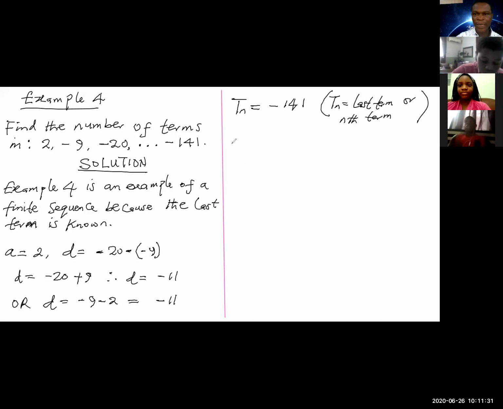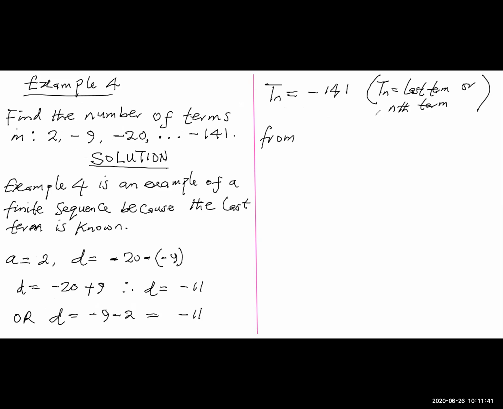Okay, so we can now say from our Tn, which is equal to a plus n minus 1 d, that minus 141 equals a, which is 2, plus n, we are looking for it, d is minus 11.